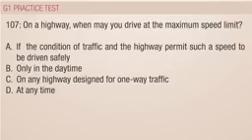Question 107. On a highway, when may you drive at the maximum speed limit? A. If the condition of traffic and the highway permits such a speed to be driven safely. B. Only in the daytime. C. On any highway designed for one-way traffic.